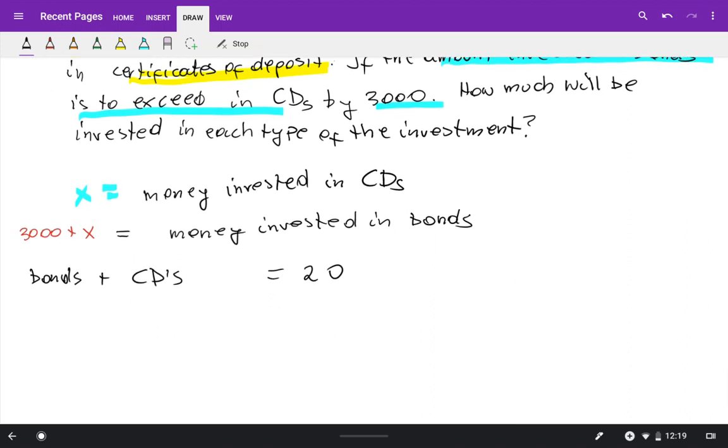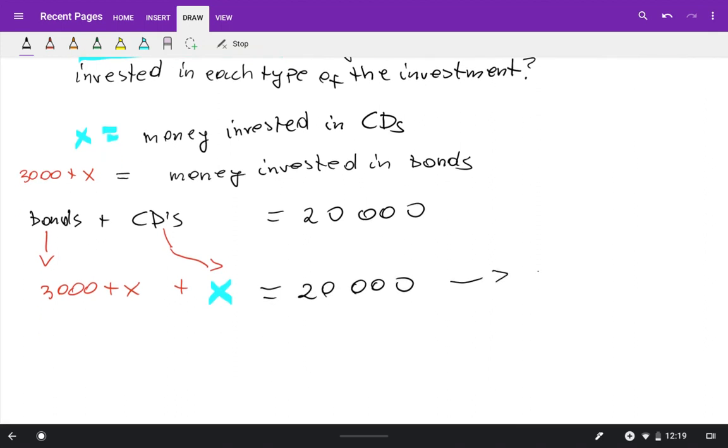So bonds, it's 3,000 plus X, plus the money invested in CDs, which we call X. And together we'll end up with 20,000. And now we're just going to solve this equation.